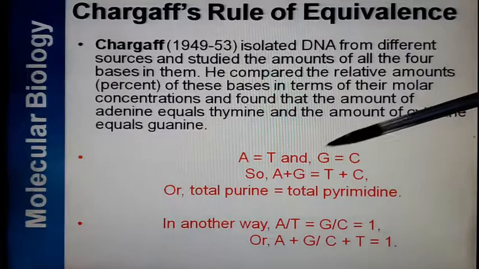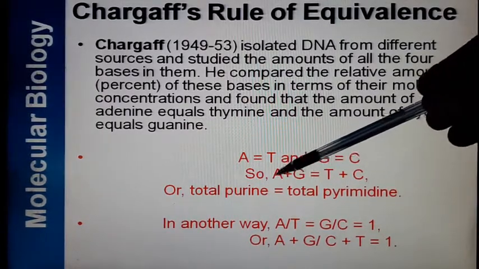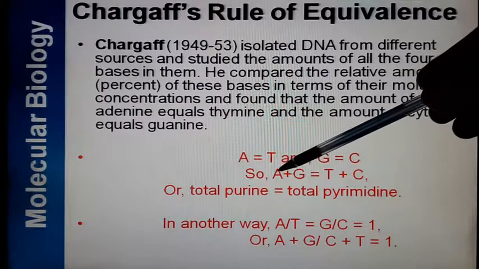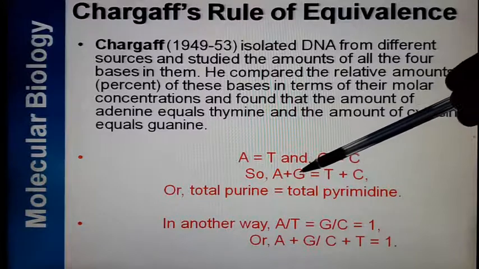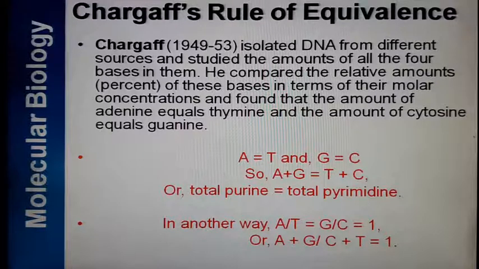So here A plus G is 50%, A is 23, G should be 27. Now A equals T, so T is 23%, and G equals C, so C is 27%. So this problem is very easy and can be solved within 10 seconds.